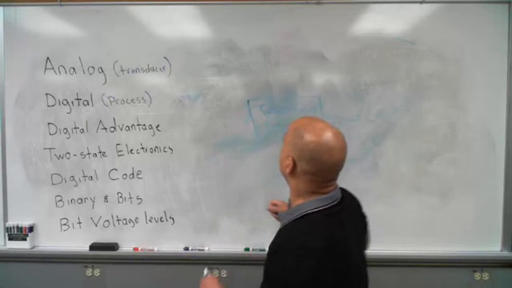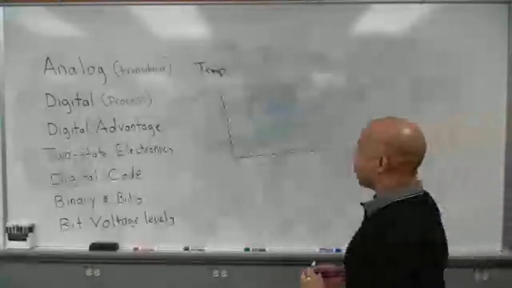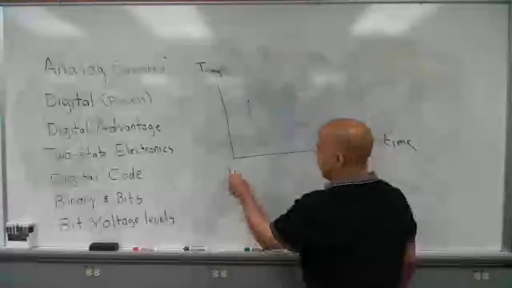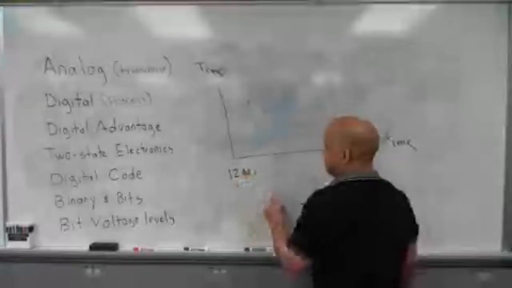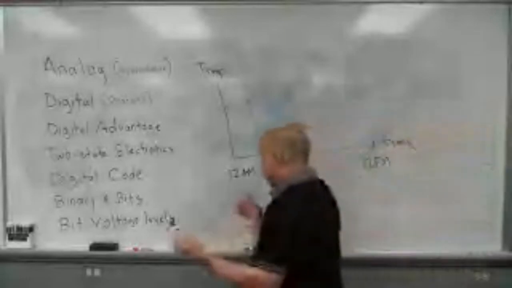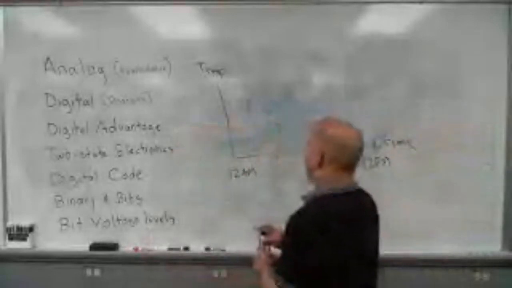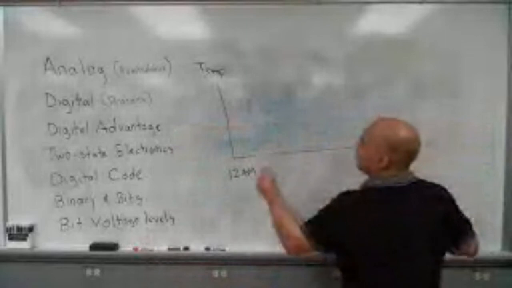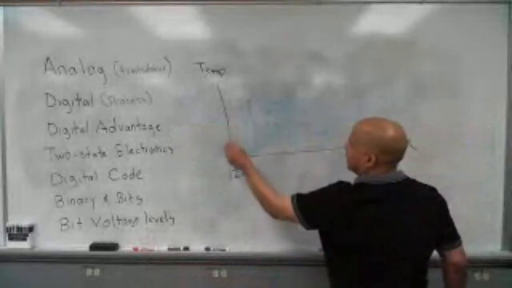So maybe I have this apparatus to measure temperature over time. Maybe my time is 24 hours. So maybe we start right here at 12 p.m. And this device, whatever it is, records the temperature over time.